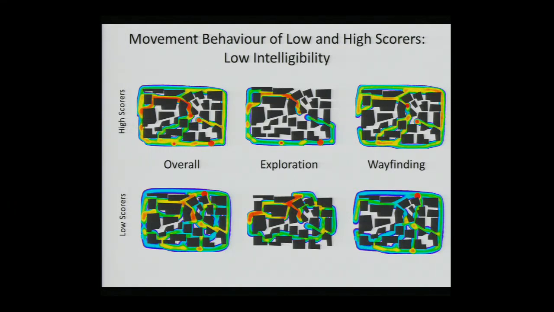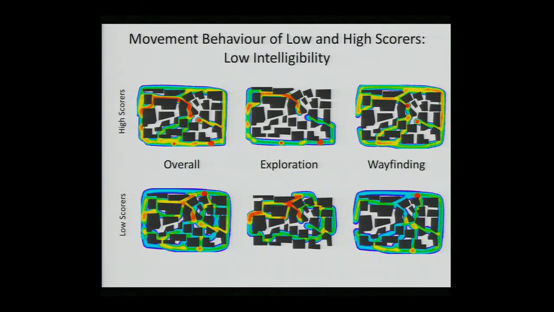And so this is also interesting because, again, we see evidence that here attention doesn't seem to be nearly as important. Both the high scores and the low scores seem to be behaving very similarly, where they are exploring a lot more of the environment, and it's a lot harder to make predictions as to what they're going to use.